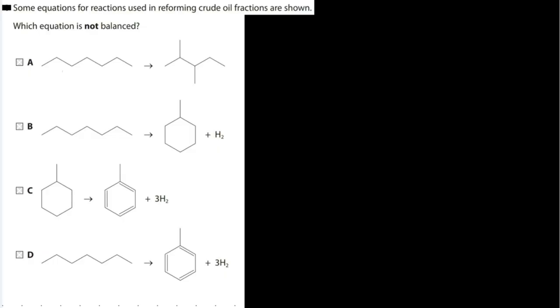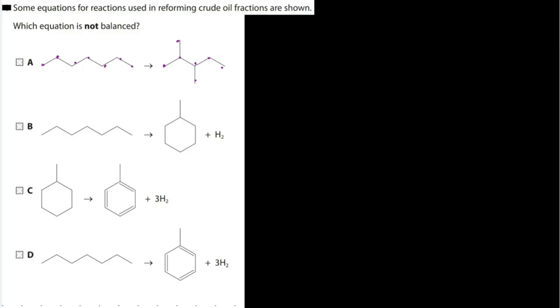Some equations for reactions used in reforming crude oil fractions are shown. Which equation is not balanced? So let's check each of the choices here. So we have letter A. Okay. So we have 1, 2, 3, 4, 5, 6, 7 carbons. Here 1, 2, 3, 4, 5, 6, 7 carbons.